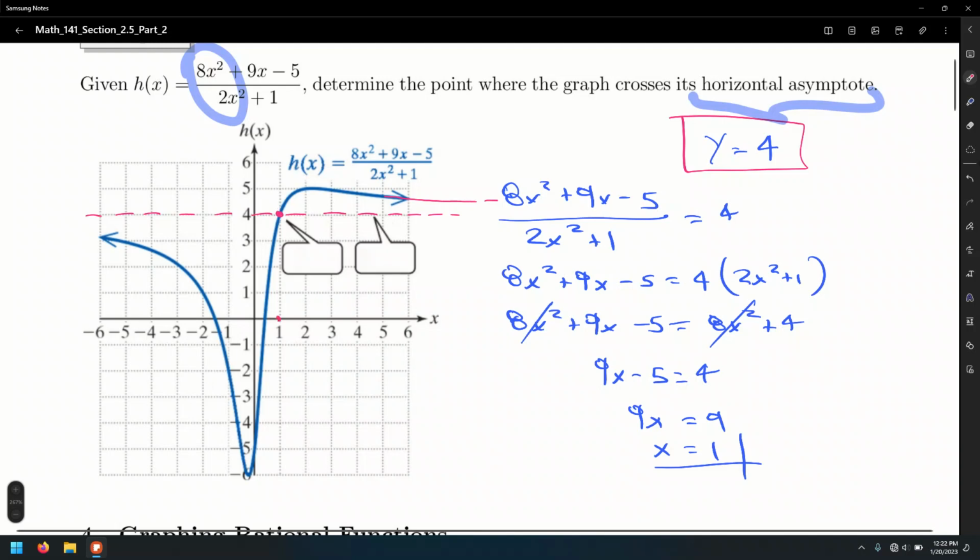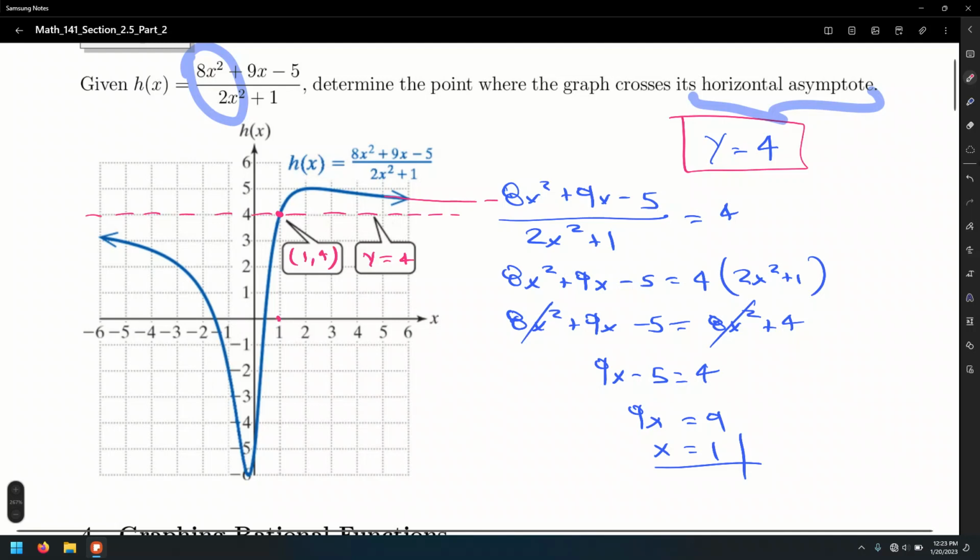Doesn't that correspond to x equals 1? So I think the algebraic work we did is consistent with our picture. Horizontal asymptote, y equals 4. The point of intersection is x equals 1. Typically we plug that value of x into our original equation to get the y value, but we already know the y value, which is the horizontal asymptote, don't we? So just use that information.